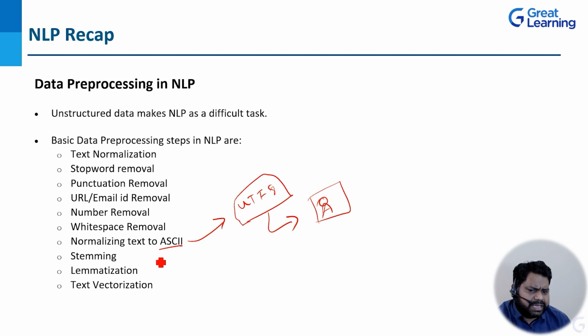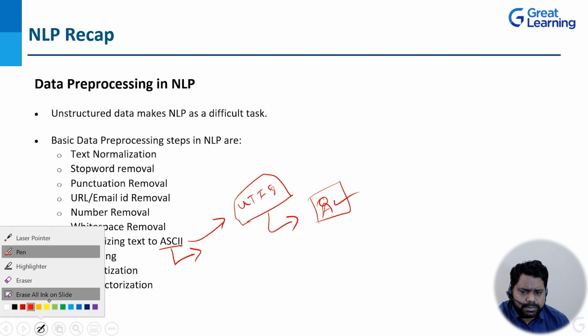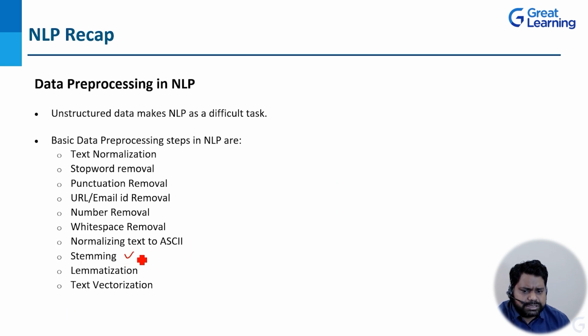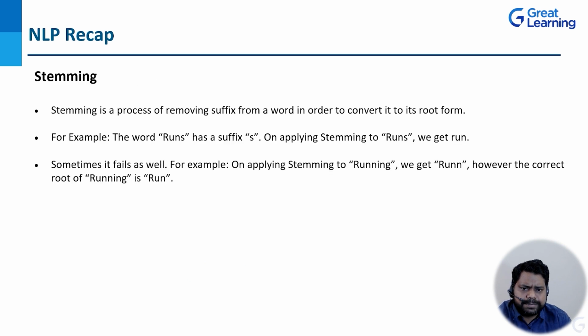Since we are dealing here with English characters only, and in our computer we follow ASCII, we can normalize the text to ASCII, and by doing so, we can remove those special characters. Similarly, we can do stemming, lemmatization, and text vectorization. We will take these separately one by one. So now let's move to the next slide.